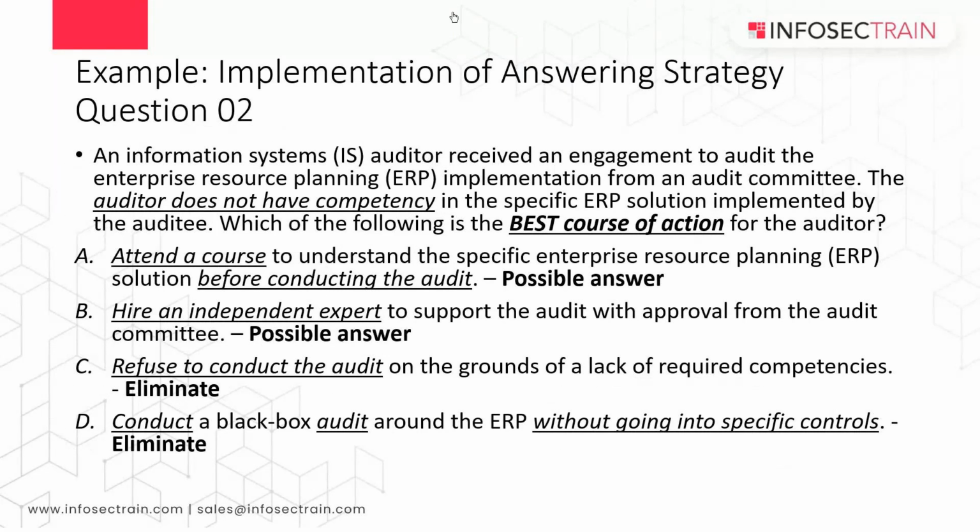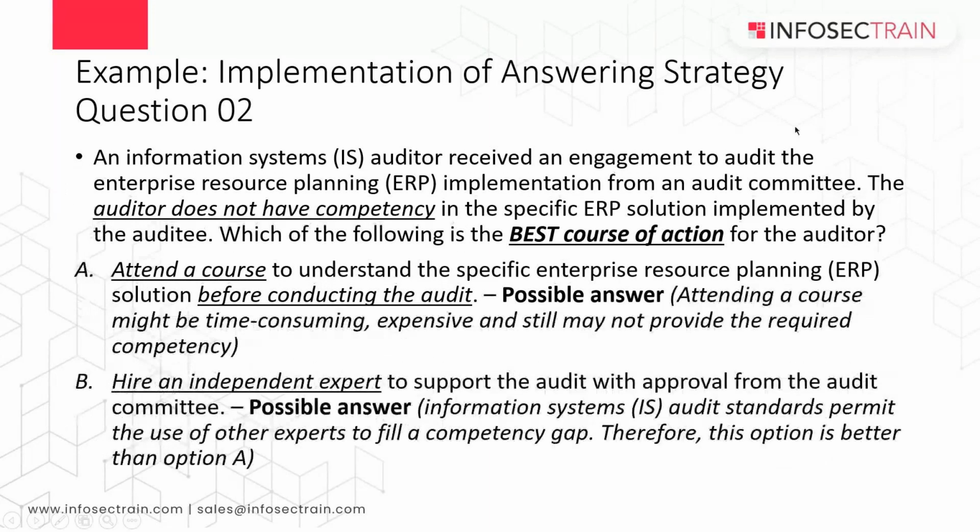Okay, so when we are looking at option A, which we marked as a possible answer, the justification is attending a course might be time consuming, it can lead to the competency, it would be an expensive option, and there is a doubt that it still may not provide the required competency, even though it is a possible answer.